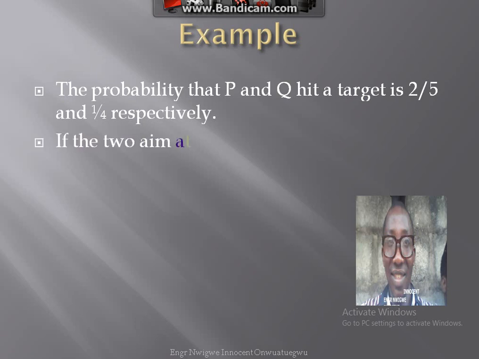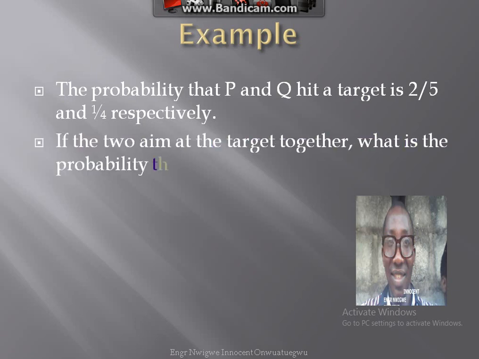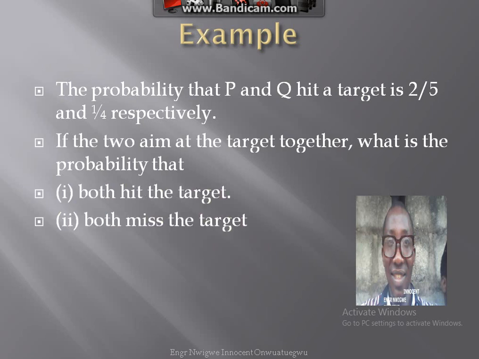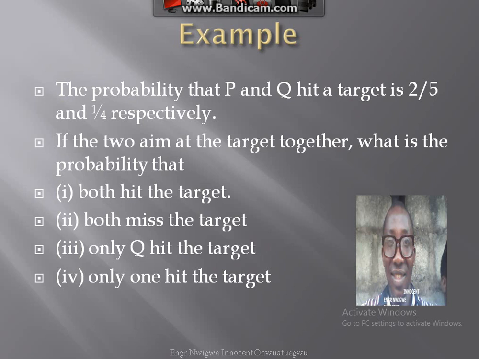Example. The probability that P and Q hit a target is 2 over 5 and 1 over 4 respectively. If the two aim at the target together, what is the probability that (i) both hit the target, (ii) both miss the target, (iii) only Q hits the target, (iv) only one hits the target? The probability of P missing the target is 1 minus 2 over 5, which gives 3 over 5.